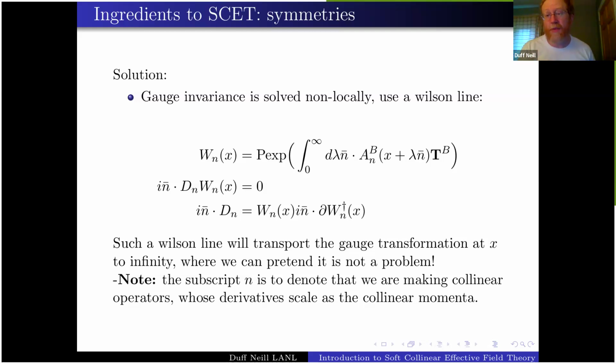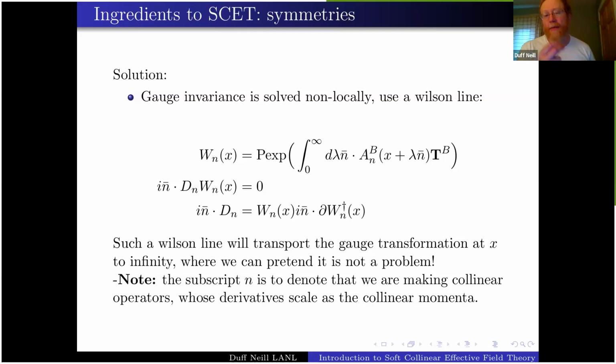And so I can solve this problem that it seems like in order to get a gauge invariant operator, I needed to square things up. But when I want to describe my scattering process, I still want to talk about single quarks and single gluons. I'll be able to solve this problem by the addition of a Wilson line.